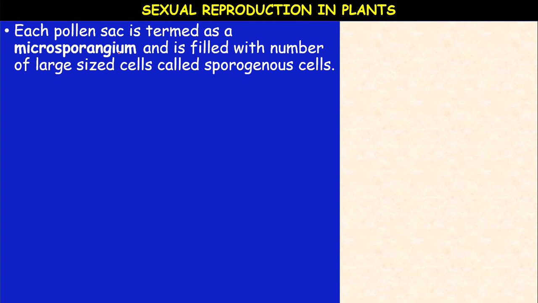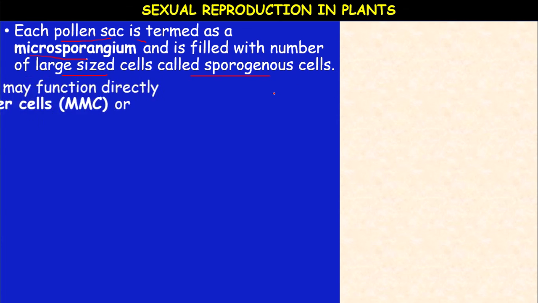Each pollen sac is termed as a microsporangium and is filled with a number of large sized cells called sporogenous cells. Very important. Here vocabulary is important, children. Microsporangium, pollen sac is also called microsporangium.